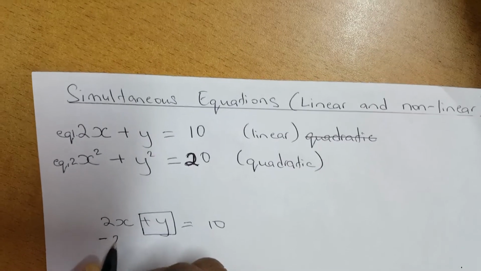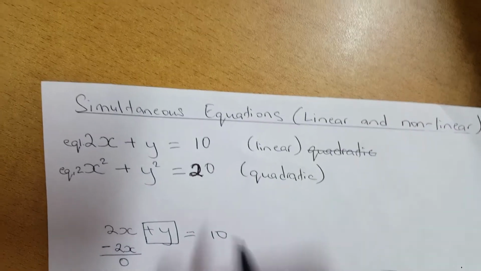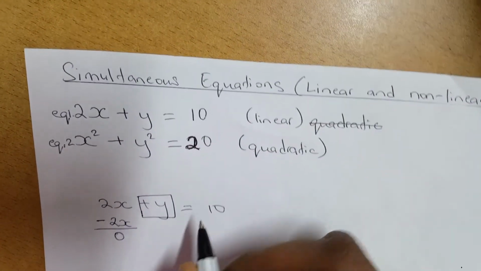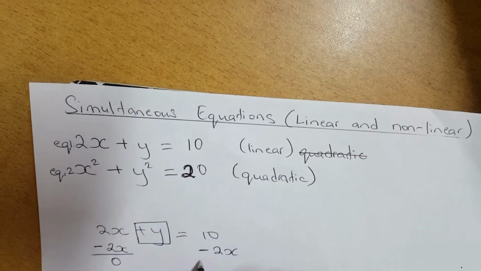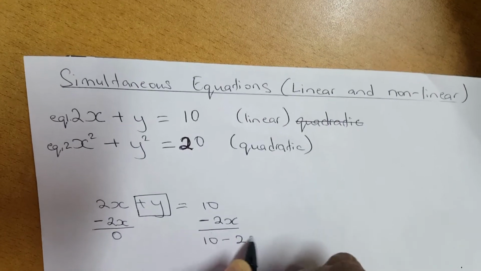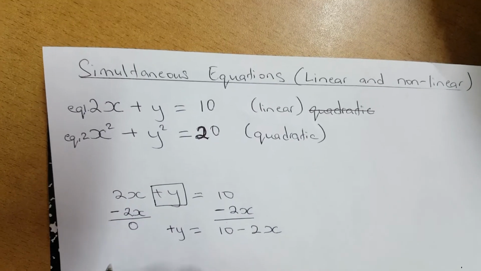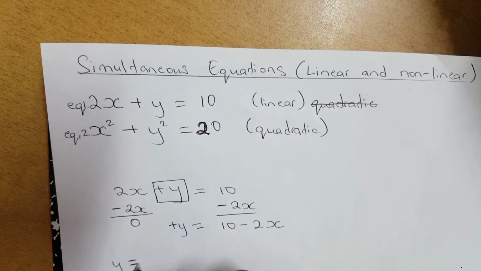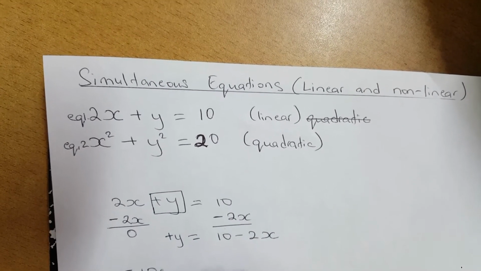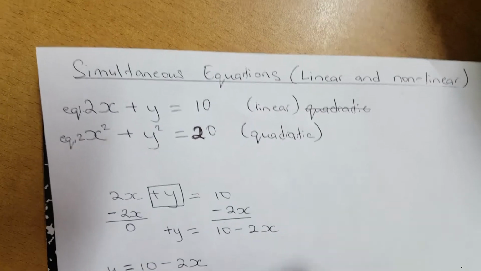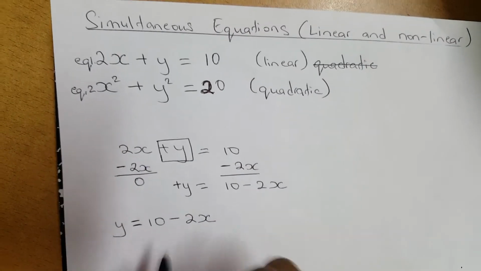I have to subtract 2x here because this is automatically positive. This leaves me with 0, and if I do it over here, I will also have to do it over here. So in the end, this is 10 minus 2x, and we still have our positive y right here. So we write back our new equation. Alright, so this is our equation 3.